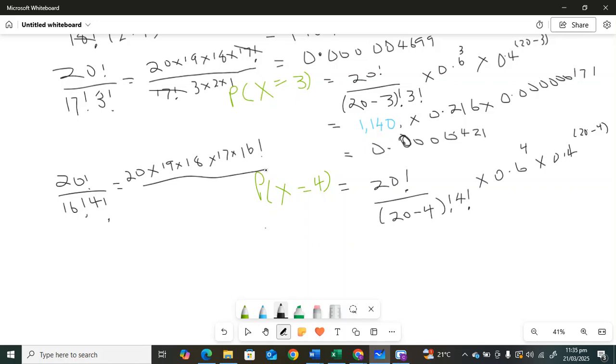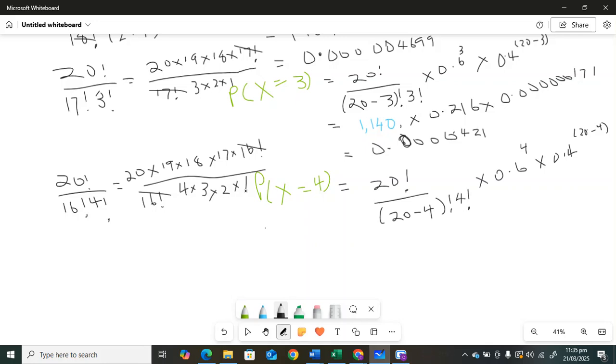So that the 16 factorials go. Then 4 factorial is 4 times 3 times 2 times 1. So let's do our calculations.